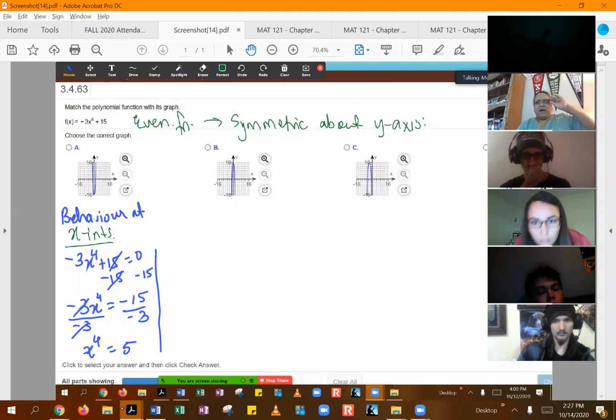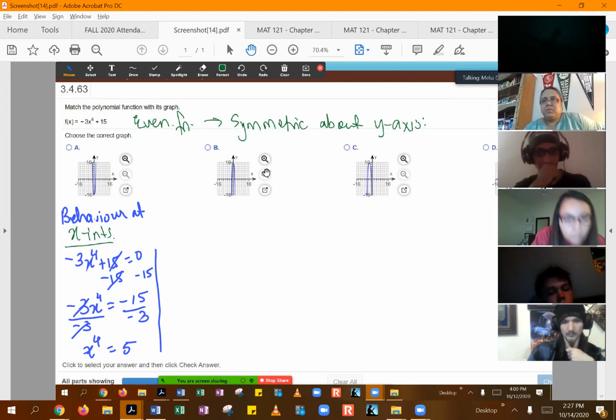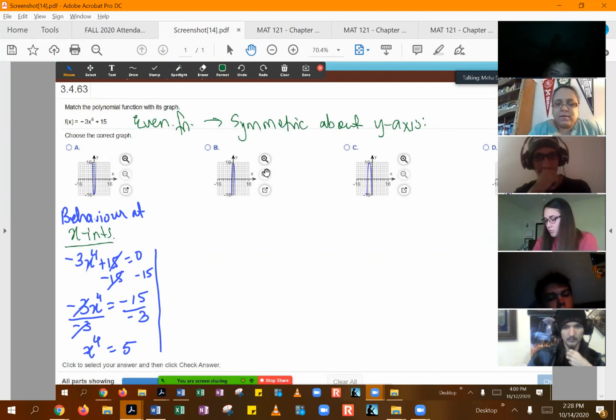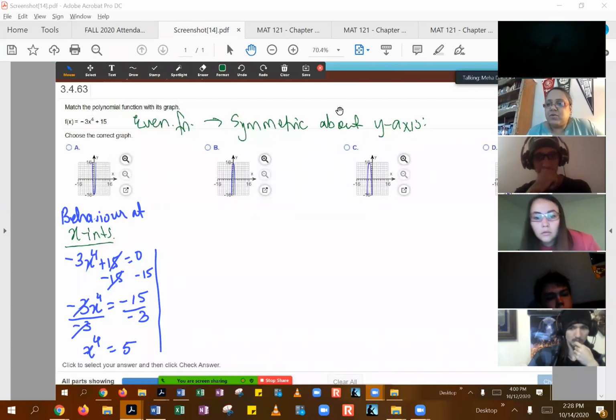What process would you have to use? The square root? The square root. Okay, let me see. Yeah, so since this is raised to the fourth power, you would have to use the fourth root.